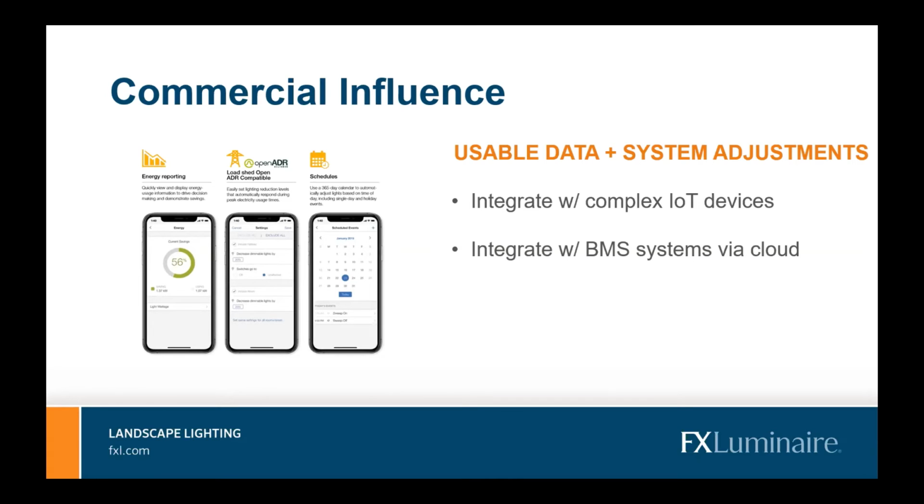We also need to be able to, at a minimum, integrate with some part of a building management system via the cloud. A lot of the reasons why we have these smart control systems on commercial is because of energy. Obviously, there are all types of regulations associated with buildings and smart cities, and eventually that is going to be a requirement that makes its way down to the residential side as well.